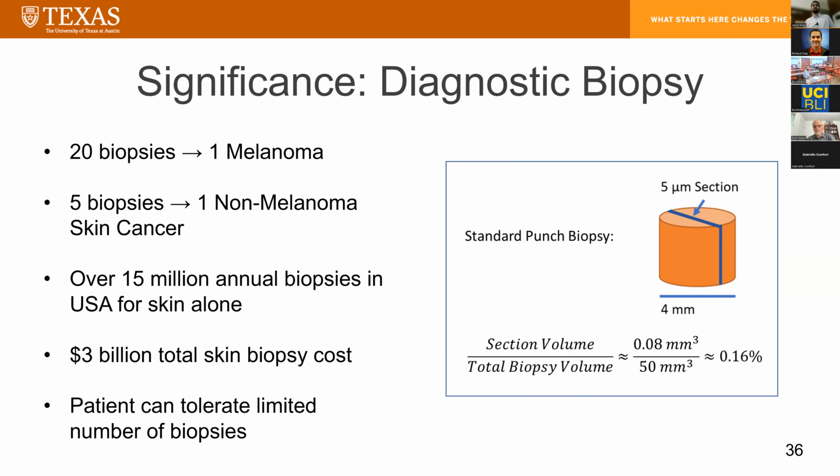And because these biopsies are invasive, they'll only do a limited number per visit. Additionally, as we said, they usually remove a large piece of tissue. It could be several millimeters in diameter, and may only look at a few sections, which is a small fraction of that tissue.